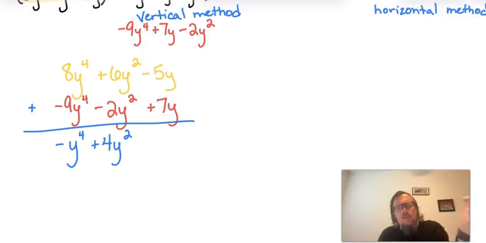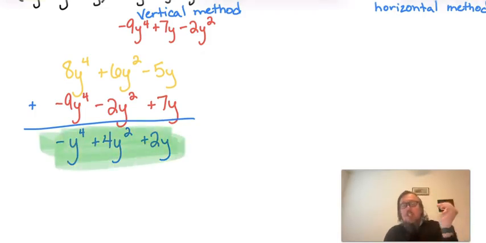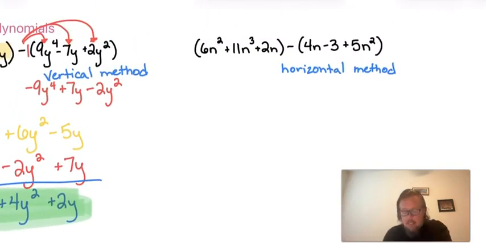And then negative 5y plus 7y is a positive 2, so plus 2y, and there's our solution. So we distribute the negative sign and then combine our like terms. And that is exactly the strategy we're going to use for the horizontal method.